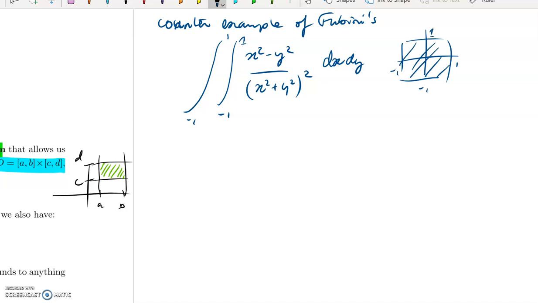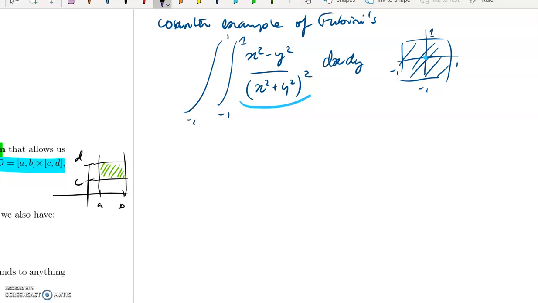But as I've just told you, we should check for continuity. We may have a problem at 0 because 0 does not belong to the domain of the function. But you remember that we studied some continuous extensions that may happen. It depends on the case. But let's be naive and perform the integration as is.